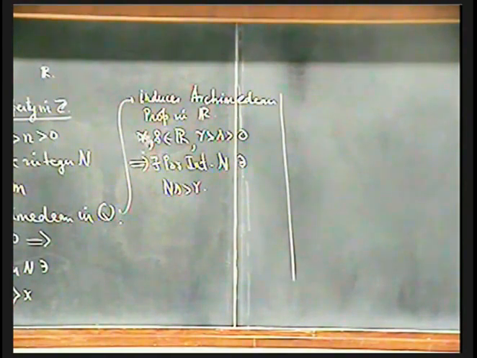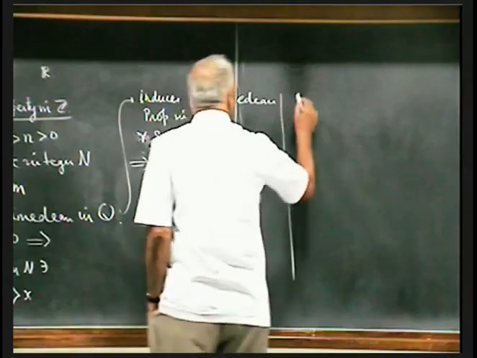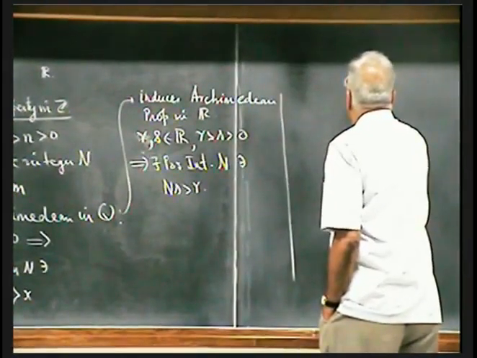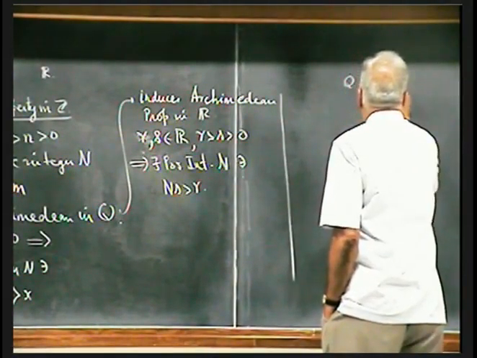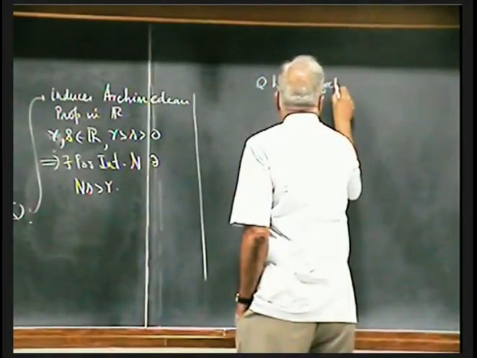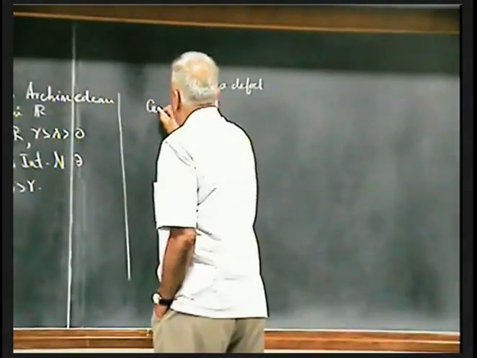So everything looks nice. We have been going along, removing defects, carrying the old properties, acquiring new properties, and moving along. Then finally we had that Q had a defect. What was the defect?